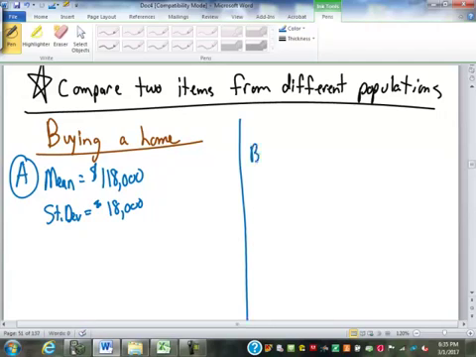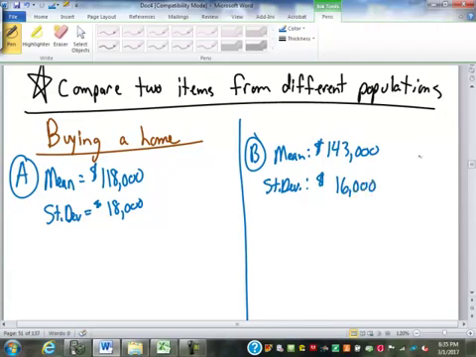In location B, let's say it's a little bit more of a secured community, close to a police station and fire station, so you've got protection. The mean price there is $143,000 with a standard deviation of $16,000.